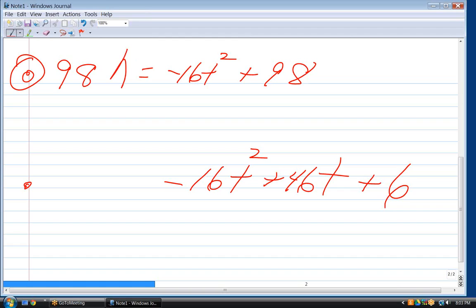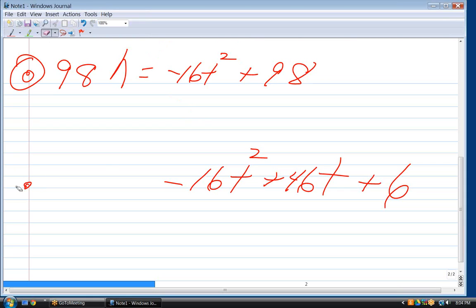After 1 second, it drops 16 feet. So the height's only going to be 82 feet. You see the way that works? This 16t squared comes from the force of gravity and the acceleration due to gravity.